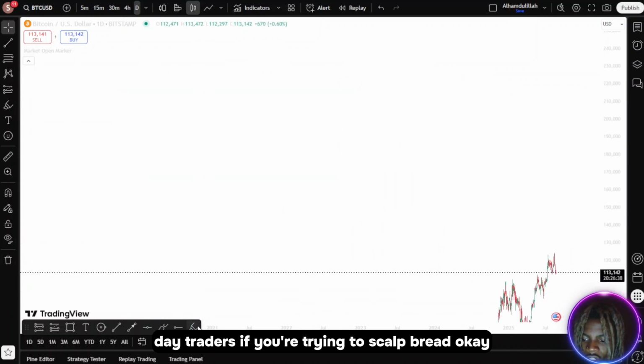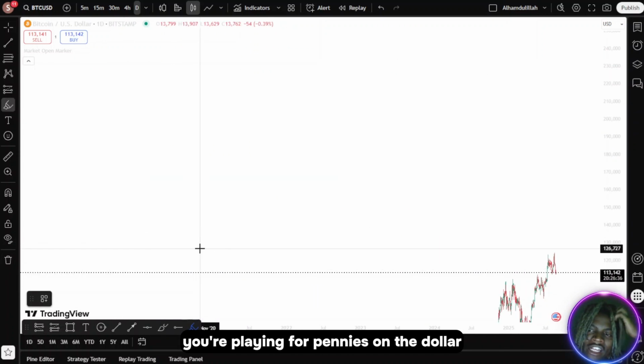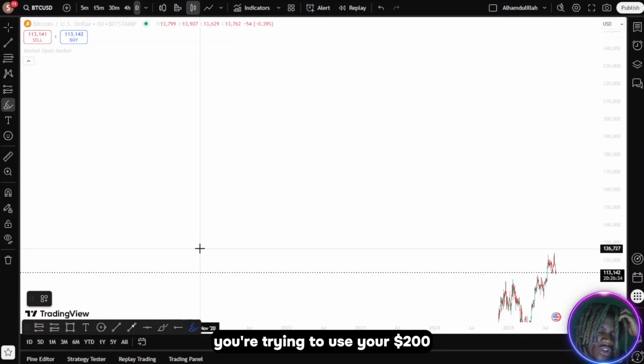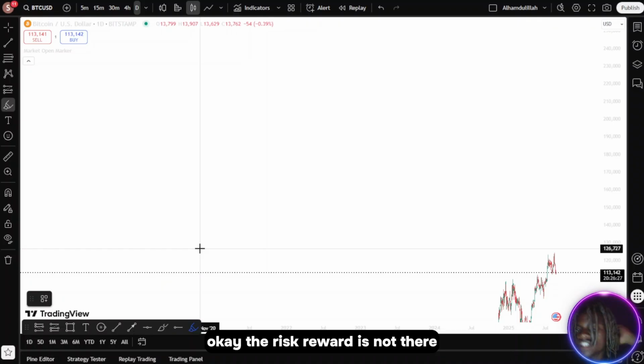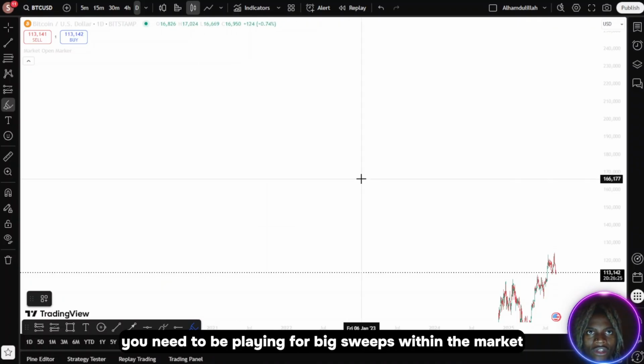Day traders, if you're trying to scalp bread, you're playing for pennies on the dollar. You're trying to use your $200 that you need to even open the contract to make $80. The risk to reward is not there. You need to be playing for big sweeps within the market.